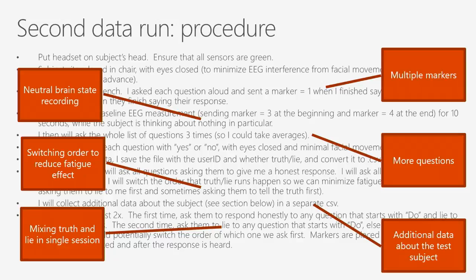But if there was anything that changed between the truth and the lie state, I didn't want it to be something that was predicting sessions rather than predicting truth or lie. Does that make sense? I'm probably not explaining this very well. But you want to remove all variables that you can. So if I have them tell the truth and then lie and then tell the truth and then lie, intermixed, I thought that might give me some better data right there.